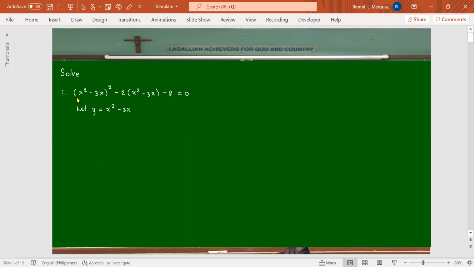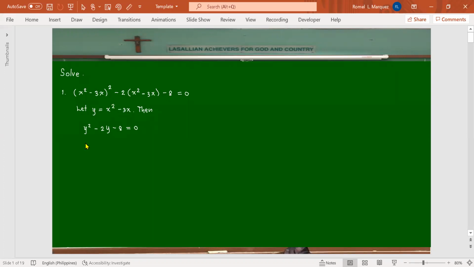This is actually quadratic in the binomial x squared minus 3x. It's like treating x squared minus 3x as your variable. Then we now have this equation, y squared minus 2y minus 8, and it's a simpler equation compared to the original.